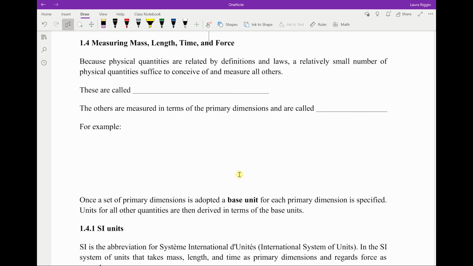So these are called our primary dimensions. Others are measured in terms of our primary dimensions. These are called secondary dimensions.